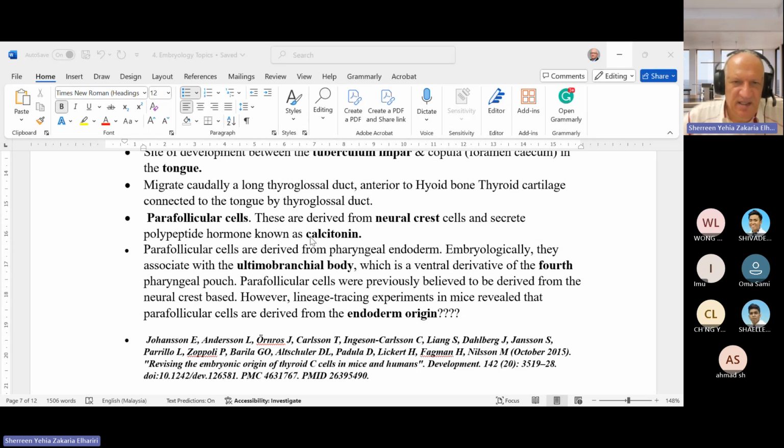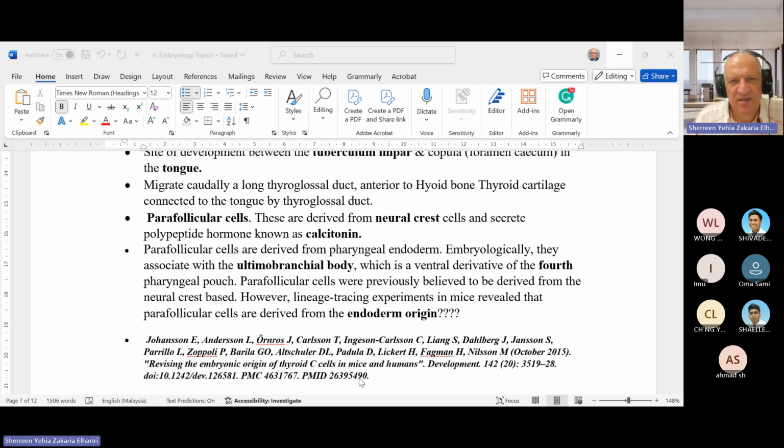Till the last few years, I think this paper is from 2015, till the last 10 years, we considered this parafollicular cell as ectodermal. But nowadays, not very recently, they consider it endoderm, not ectoderm. And this is the reference paper if you are interested.